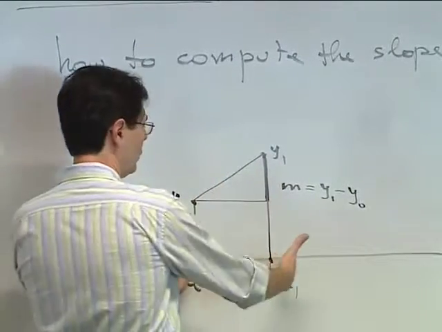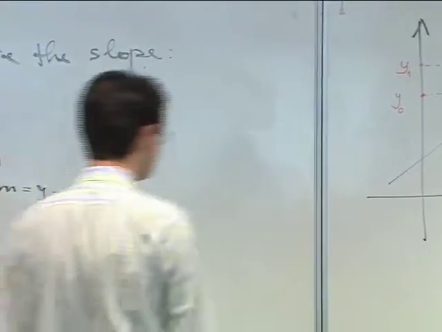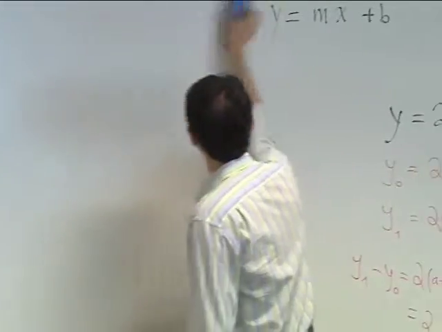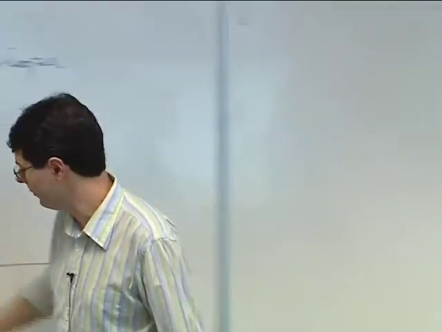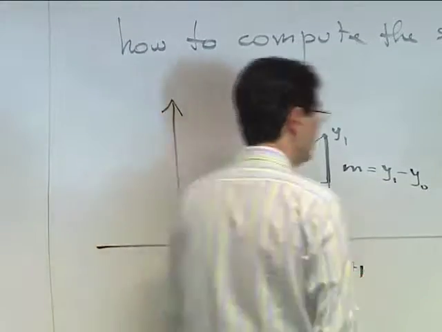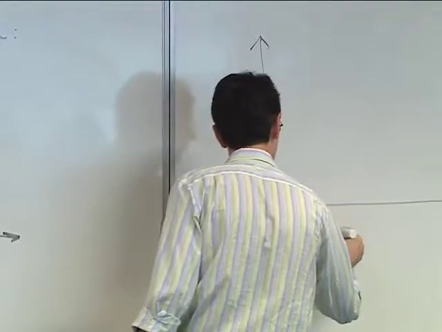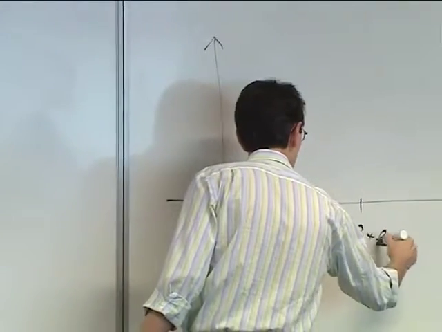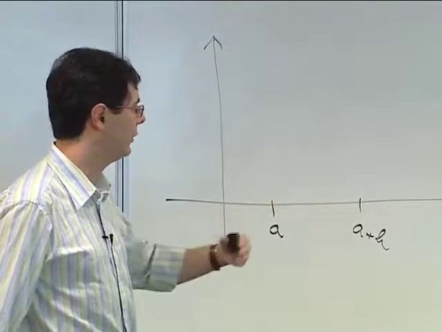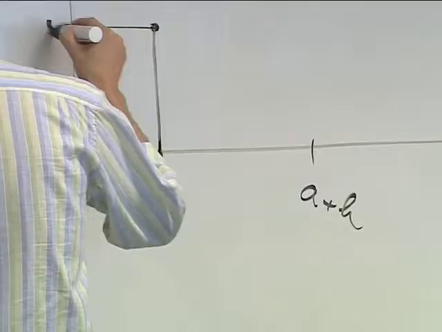Now, what happens if they are not 1 apart? What happens if they are h apart? You use similarity of triangles here. Here you have y0.